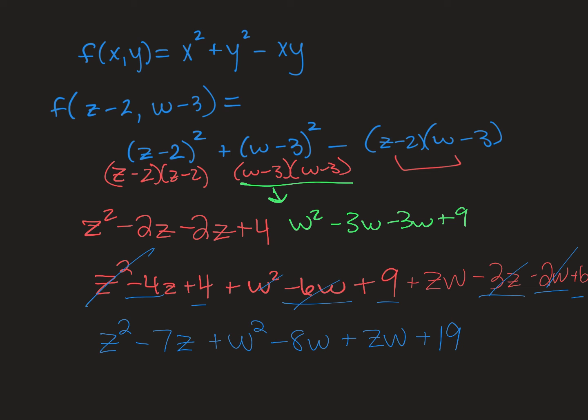I realized we messed up. There is a minus here, so that means we are technically subtracting all of these things, which has messed up my variables. Let me try this again. So we get z squared and w squared, those are fine.